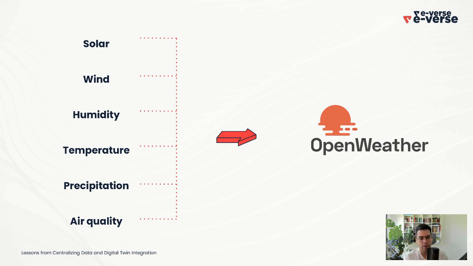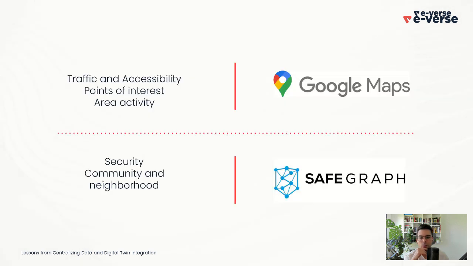Not only because we could act if, I don't know, there is a hurricane like now in Florida, but also in cases where you want to analyze how the maintenance needs to happen based on the type of weather that you're getting. So for OpenWeather, we use the free part of it, and then for traffic and security we use Google Maps and SafeGraph.